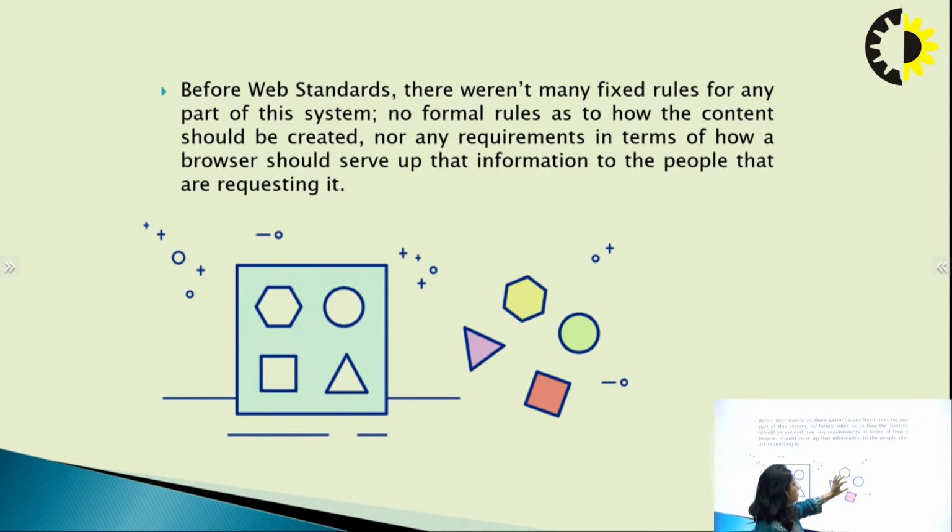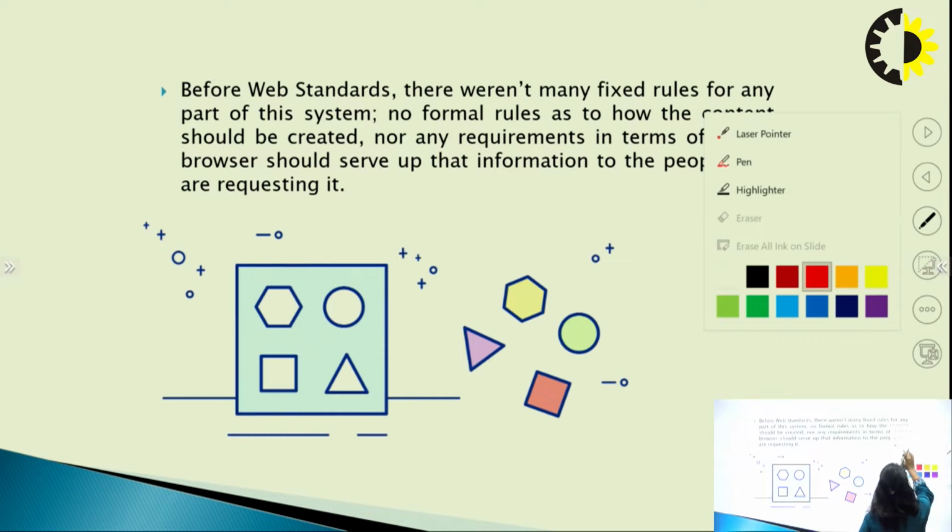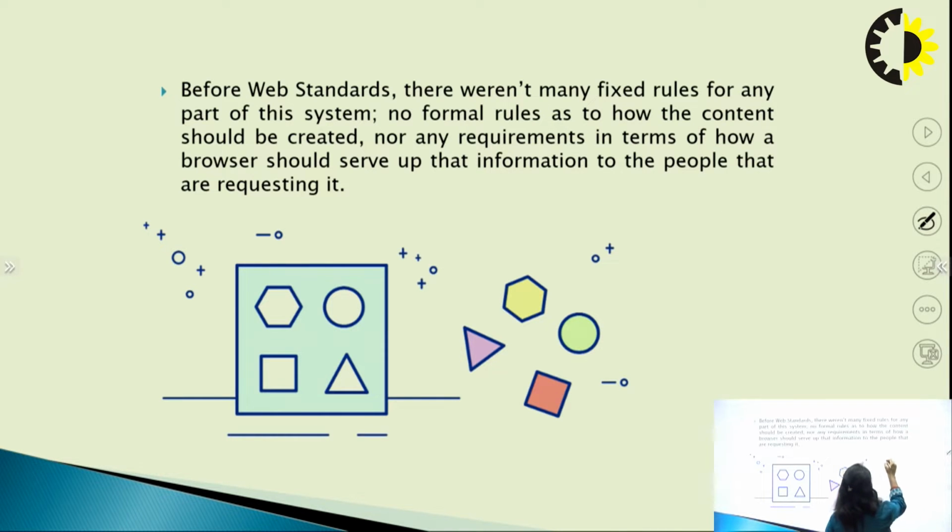We just have to match the blocks to the corresponding hole. For example, at that time there were two browsers that were mostly famous. First one is Netscape. And second one is Internet Explorer.